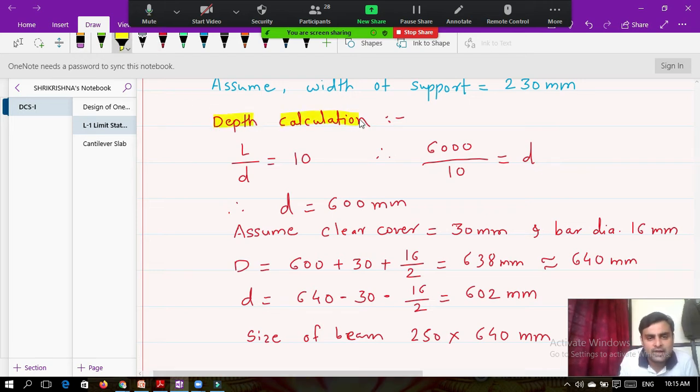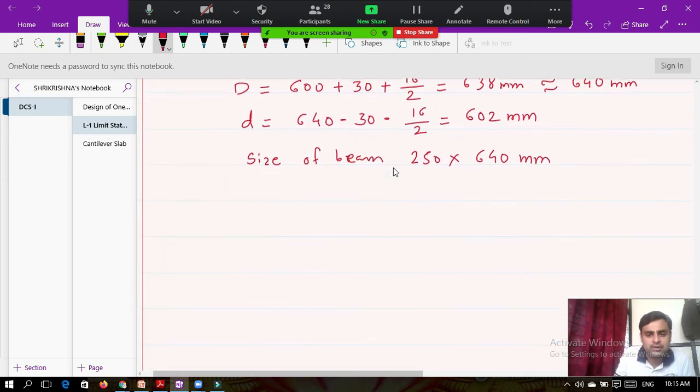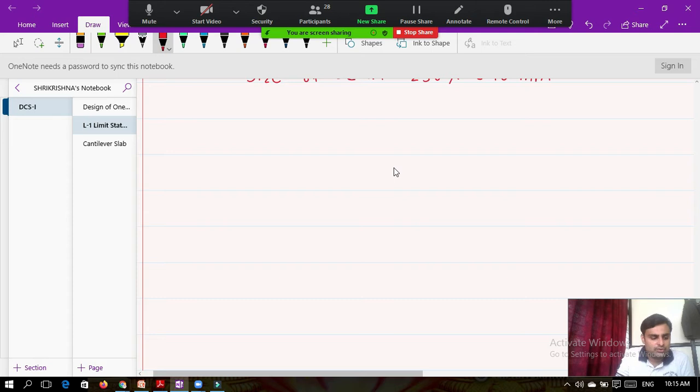So now next thing is we need to calculate the span. What is the span? Here the effective span is equal to 6 meter, which is directly given to you. So there is no need to go for any clauses from the IS code.